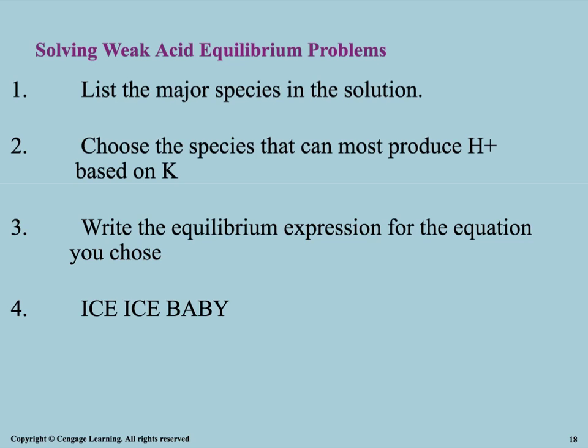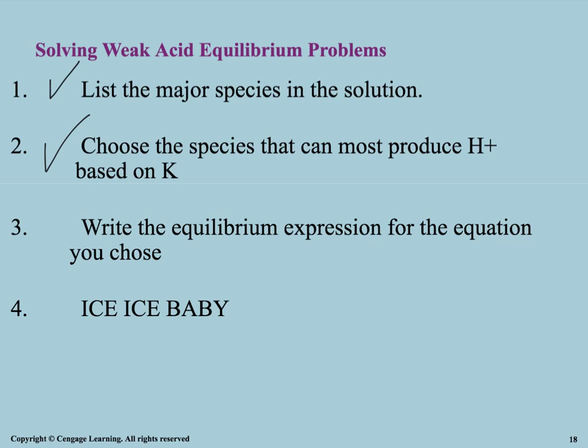So if you're going to solve a weak acid equilibrium problem, please remember to always list the species, which will be very important. Choose the species that produces the most H pluses. Okay, and this is if there are a bunch of acids in the same container, because we might do that.